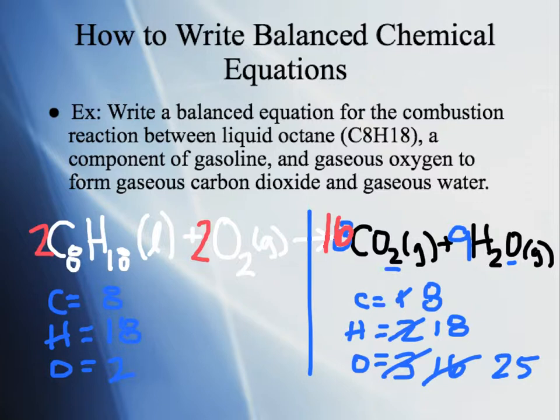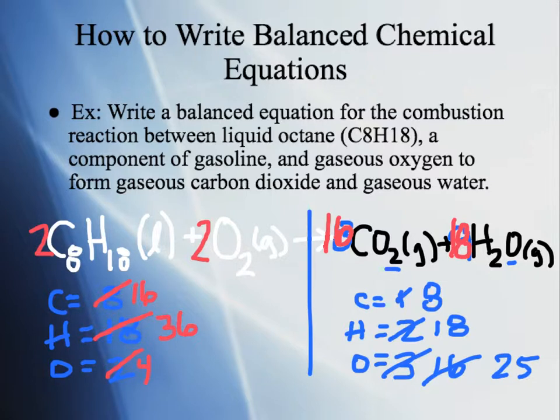And 9 times 2 is 18, so let's change that to an 18, and let's redo our inventory. On the left we have 2 times 8, which is 16 carbons. We have 2 times 18, which is 36 hydrogens. And we have 2 times 2, which is 4 oxygens.